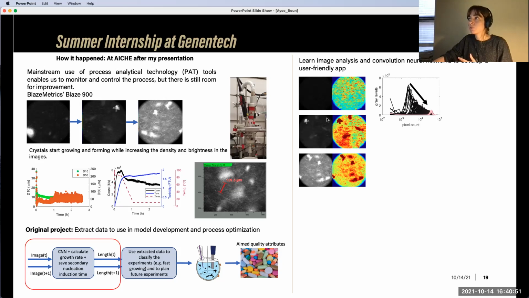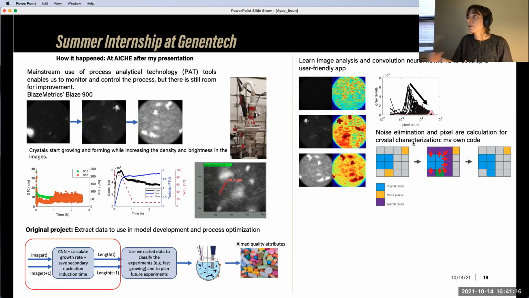You see how we can transfer these images into colorful ones. Even to the human eye, there are no crystals in these pictures, but actually there are. So I had to learn how to do this in a very uniform way for all the images they have. By the way, for each experiment, they have thousands of images. So you have to have a methodology for doing that.